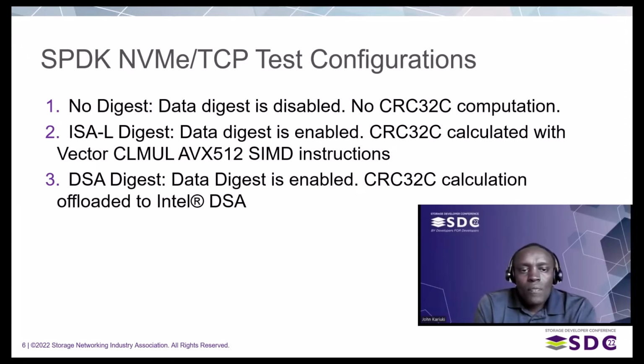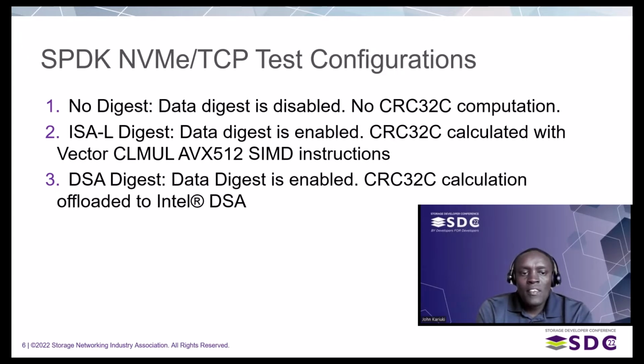In the second configuration, we had the data digest enabled and the CRC32C was calculated using the ISA-L software. So once again, ISA-L is the Intelligent Storage Acceleration Library. And the ISA-L implementation uses the vector carryless multiplication instructions that are part of the AVX512 instructions in Intel CPUs.